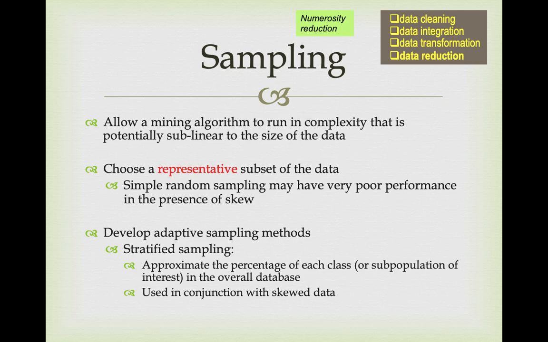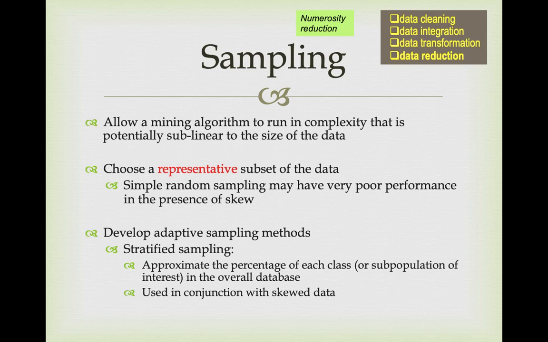We also have sampling. What is sampling? It allows a mining algorithm to run in complexity that is potentially sublinear to the size of the data. Choose a representative subset of the data. Simple random sampling may have very poor performance in the presence of skew, so we develop adaptive sampling methods.